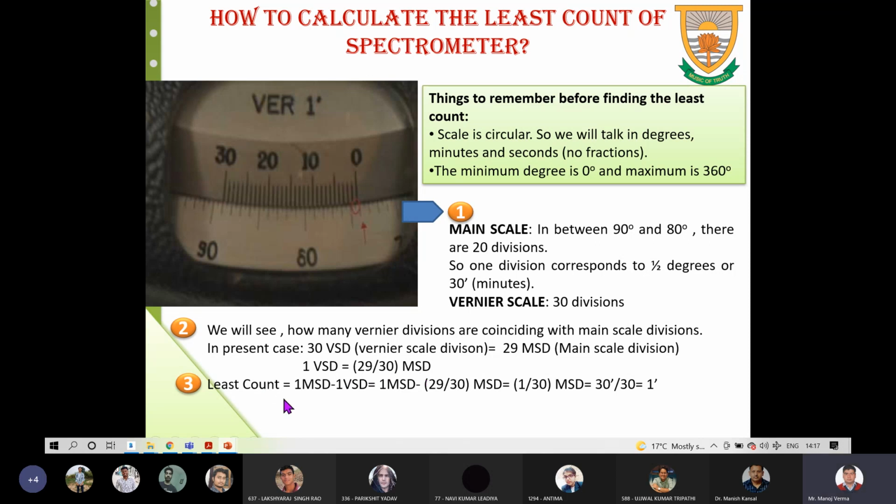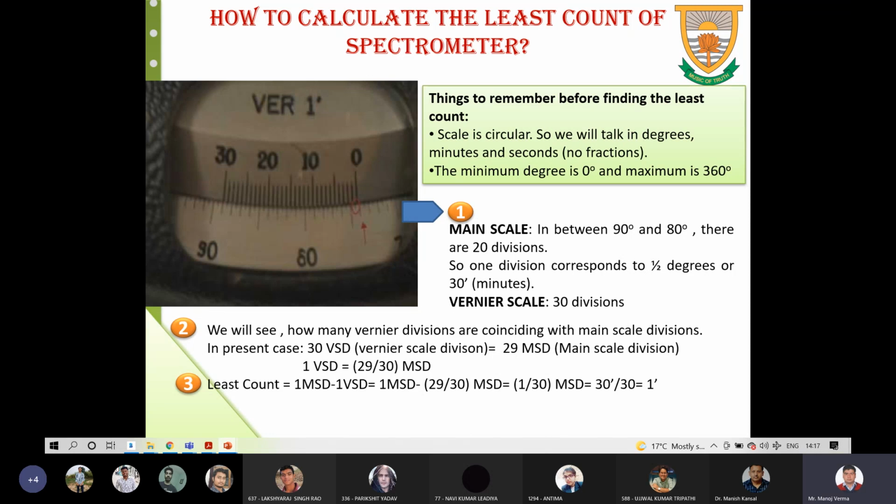And the least count of these types of scales is one main scale division minus one vernier scale division. If you solve this, 1 main scale division minus 29 by 30 main scale division, it will come to 1 by 30 main scale division. And you know the main scale division is 30 minutes. So 30 minutes divided by 30 will be equal to 1 minute. That's why on the top of this figure you will see it is written vernier 1 minute. So the least count of the angle which we can measure from this type of spectrometer is 1 minute.